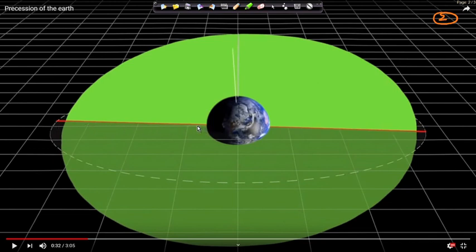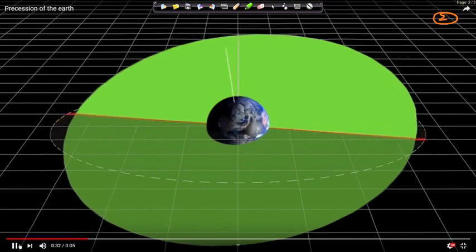Okay. So, in this case, this is the earth, and the earth's equatorial plane cuts the ecliptic plane along this nodal line, and the earth is precessing. Let us go further and see.